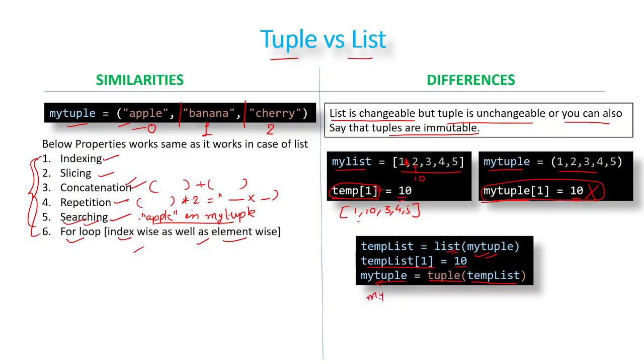So now my tuple will be 1, 10, 3, 4, 5. This is a workaround: we can change, replace or add by first converting into a list, performing that operation, and then changing it back to a tuple.